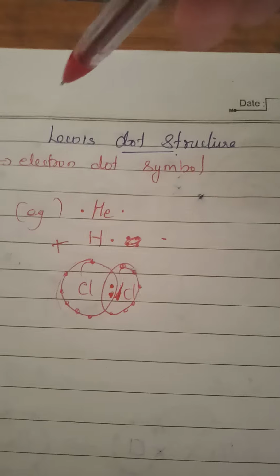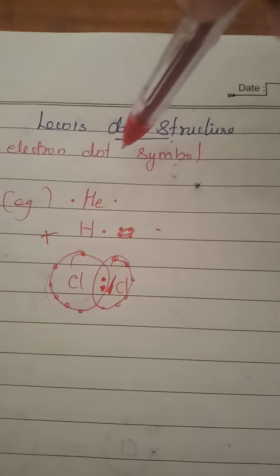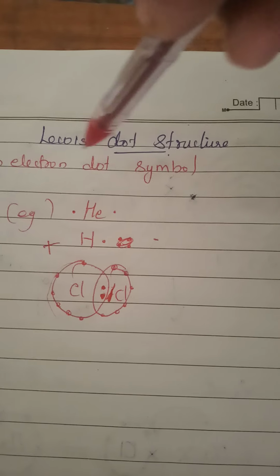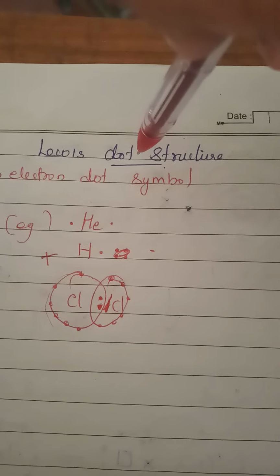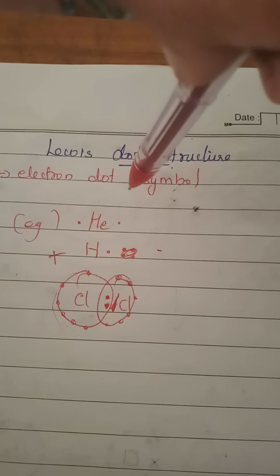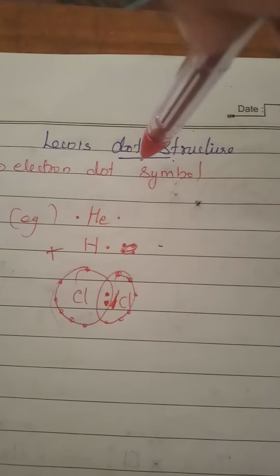Once again, the Lewis dot structure can also be called the electron dot symbol. It is used to indicate the valence electrons of an atom present in the valence shell.